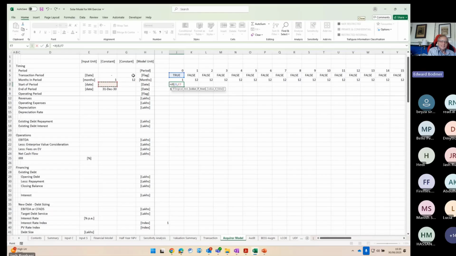F, and go down one. Then press F4. Okay. Otherwise, if it's not true, the opening balance is the prior period closing balance, down one and back one. Press enter. So now we've got our dates set up. I'm sure we could have done that a little more elegantly, but who cares?